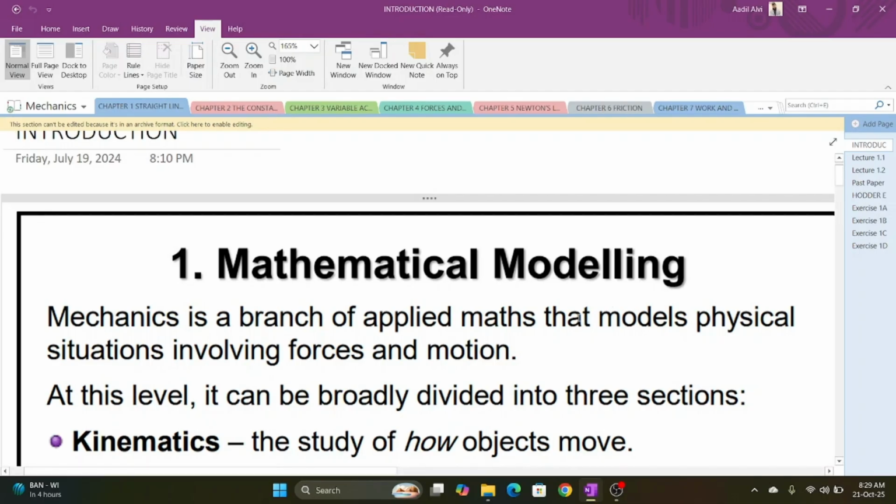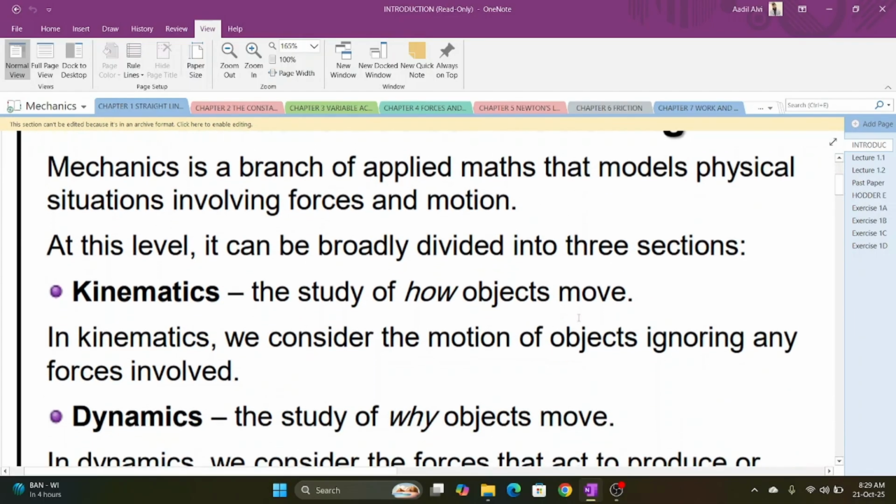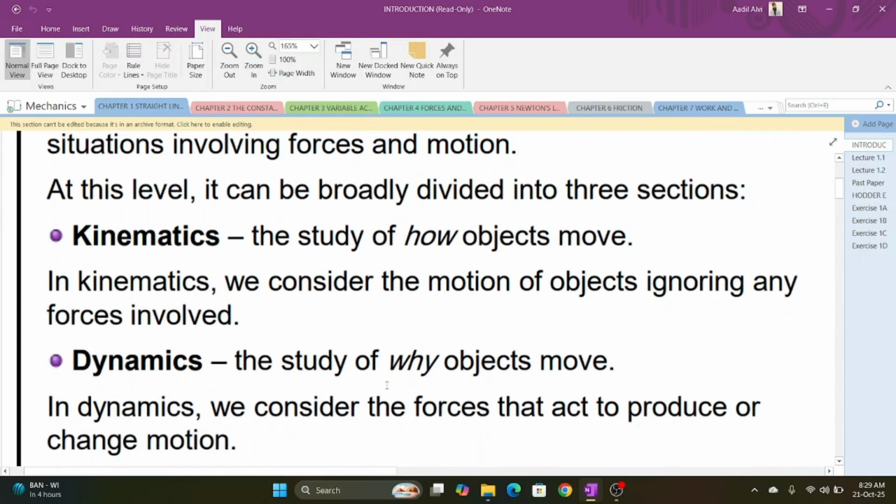sections. The next part is dynamics. Dynamics is the study of why objects move. In dynamics we consider the forces. In kinematics we consider how the motion of an object is, that means the speed, velocity, and all those factors. But when it comes to dynamics, we do not discuss mostly the velocity or the distance.